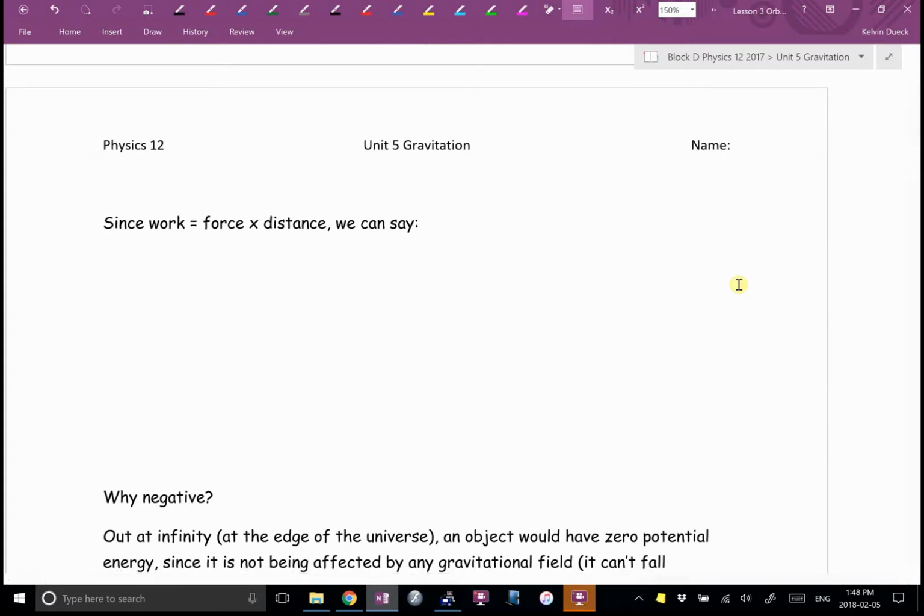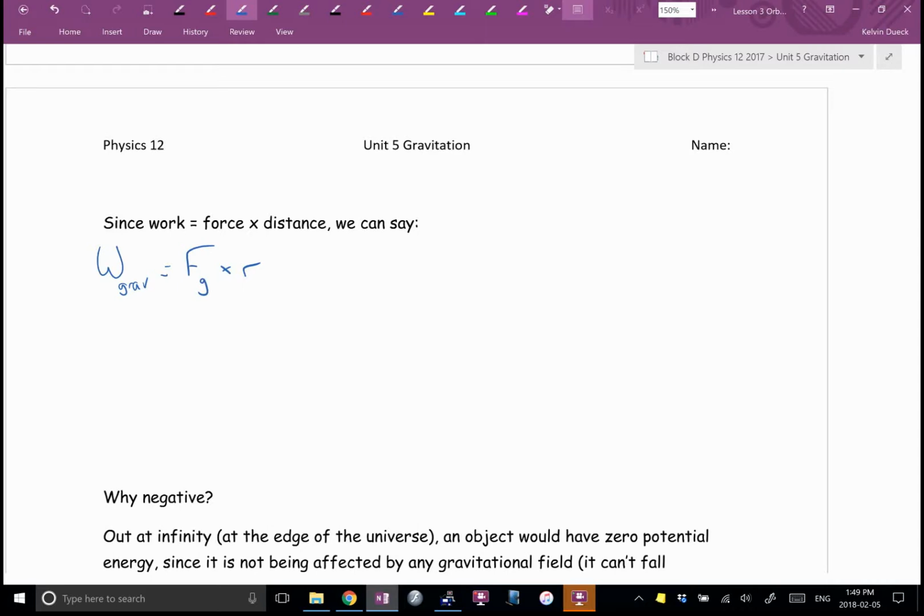We did start out defining work as force times distance. So I can say the work done against gravity is going to be the force of gravity times, and I'll call the distance r. So work, subscript grav, the work done against gravity, would be the force of gravity times r.